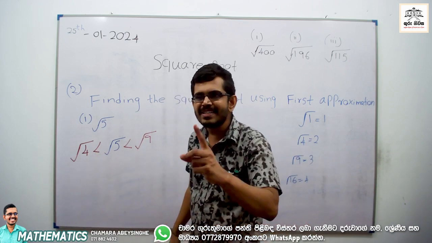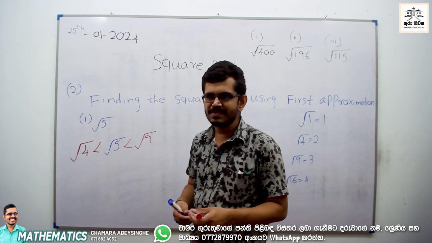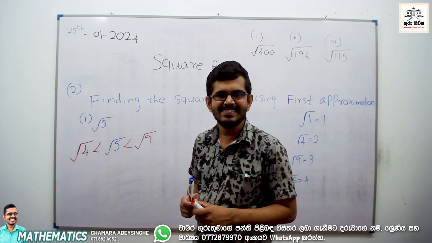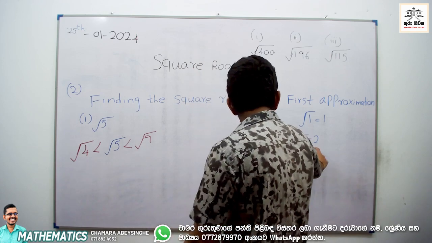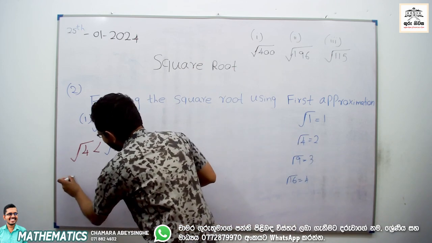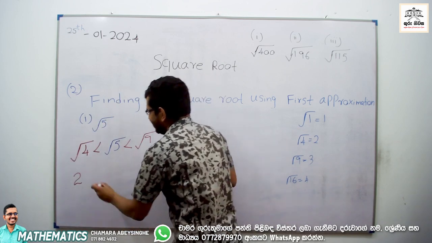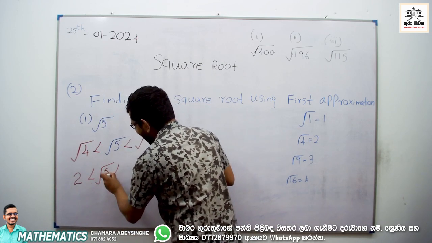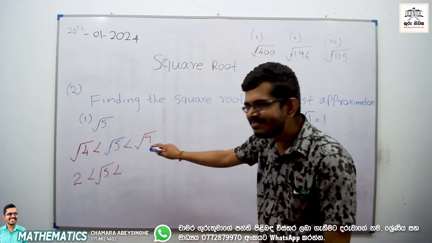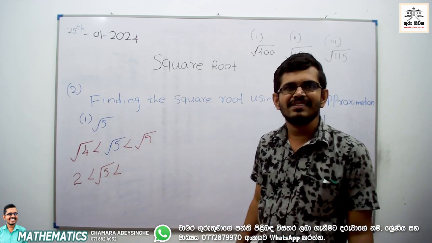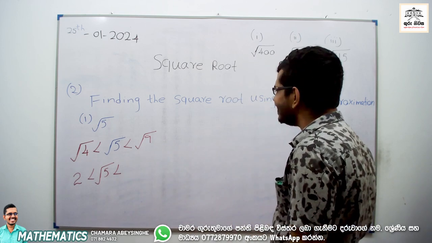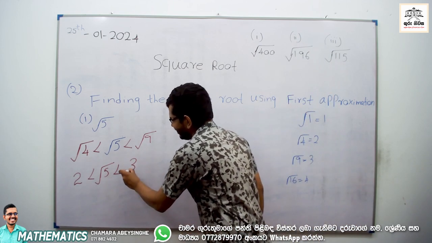Square root 4. What is the value, student? Square root 4 is 2. 2 is less than square root 5 and less than. What is the value of the square root 9, student? 9 is 3.